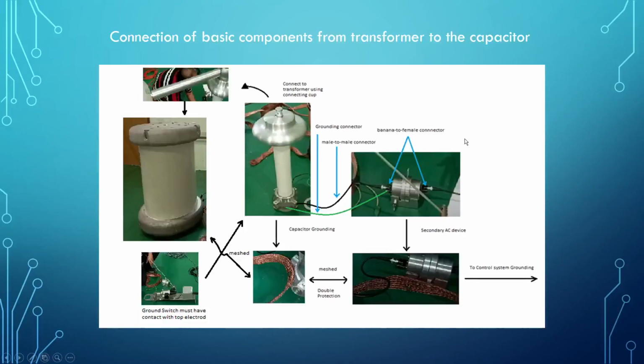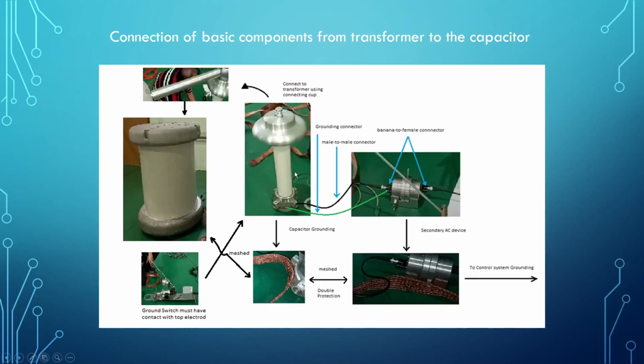Next, I will continue with the connection of basic components from the transformer to the capacitor. So we start from the transformer here. It will connect with the measuring capacitor by using the connecting cup. This is the connecting cup and this is the top electrode.